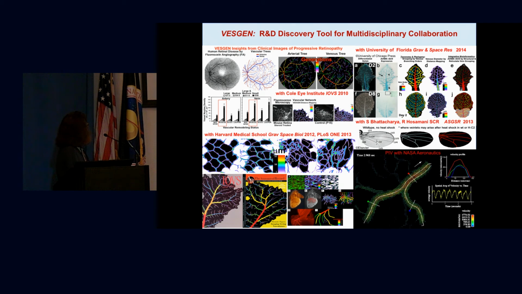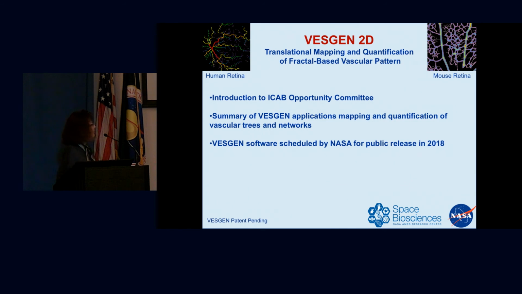We've done some preliminary studies even in plant leaves or the fruit fly wing. But just to say that, again, in those applications, the branching rules of these fractal vascular structures present in all higher terrestrial life forms have really quite similar kinds of branching rules that nonetheless are, of course, organism specific.